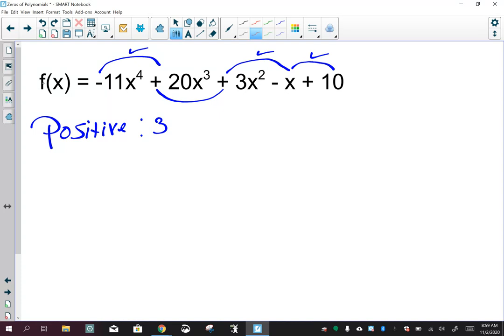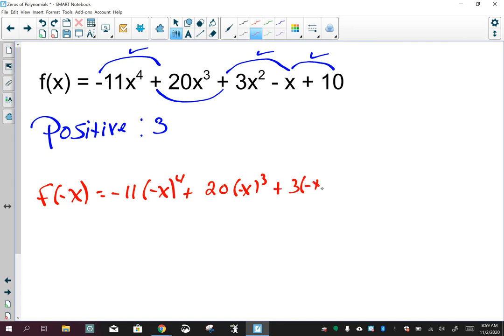Now I'm going to take this same equation, except now I'm going to run it for f of negative x. So I get negative 11 times negative x to the 4th, plus 20 times negative x to the 3rd, plus 3 times negative x squared, minus a negative x, and then plus 10.